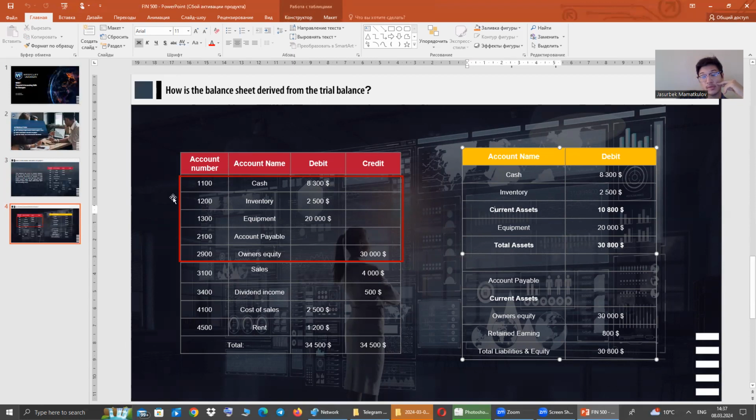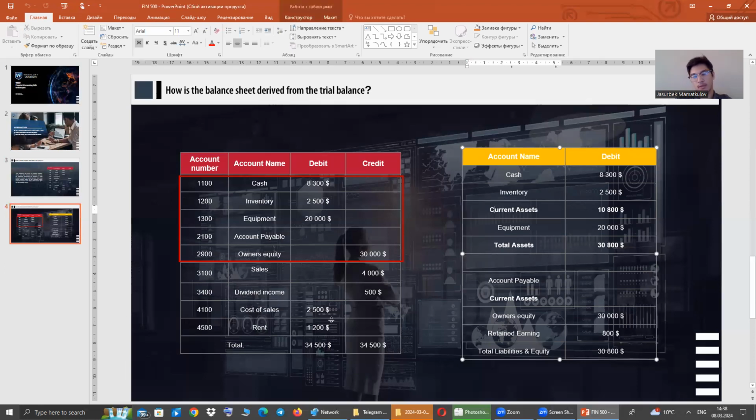I made these red lines because during the calculation we cannot put 34,500, since here we have a cost of sales. Cost of sales is what we need to spend, a kind of operational cost. During the sales, we must spend some money, for example for managers and the marketing team. Plus here we have rent.